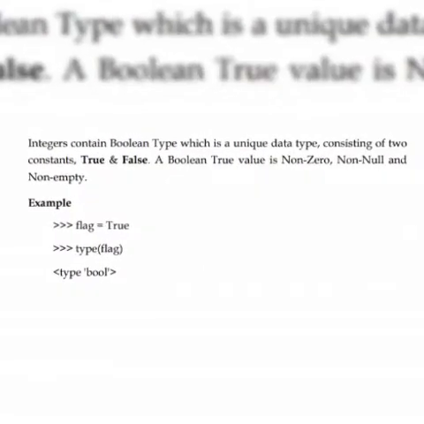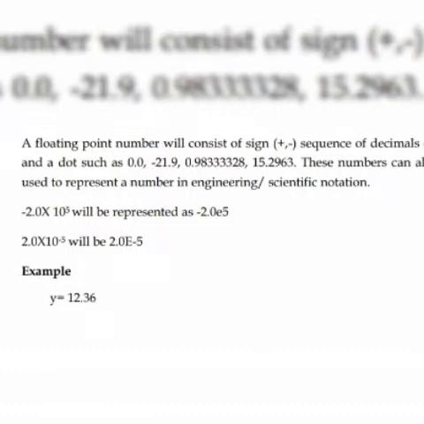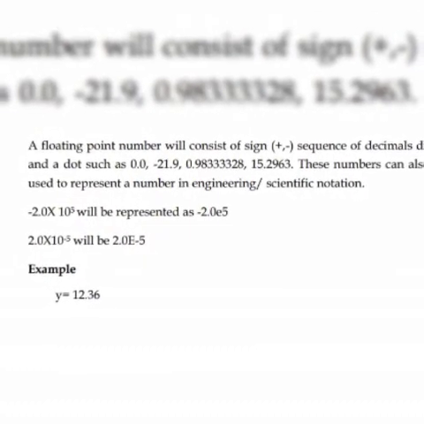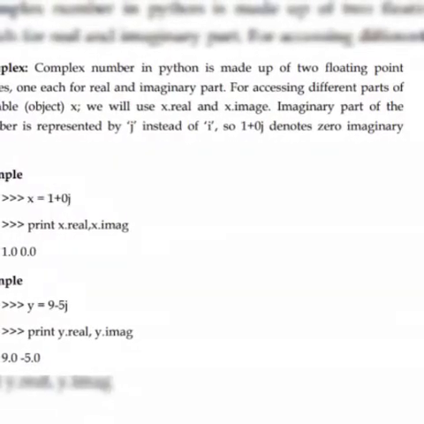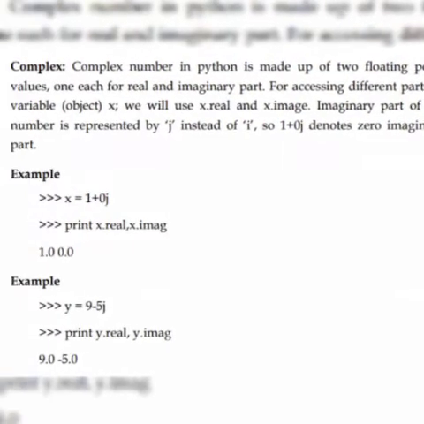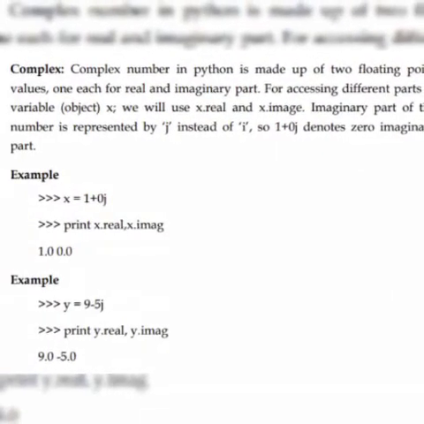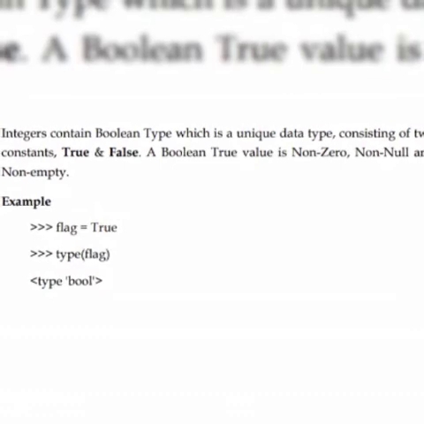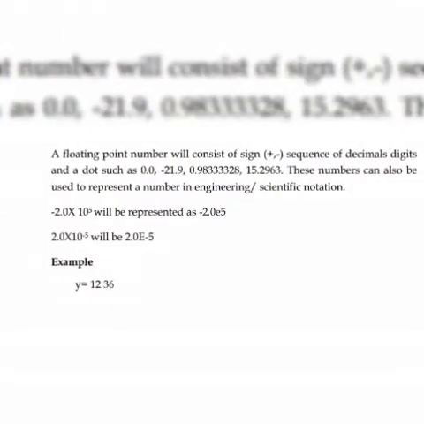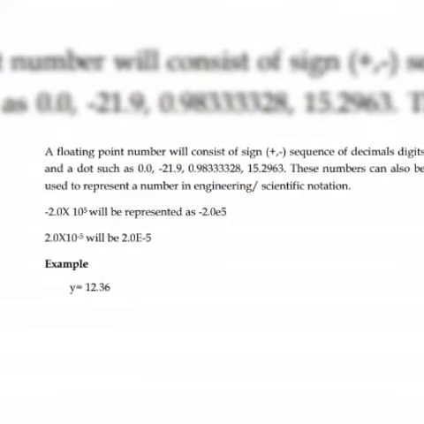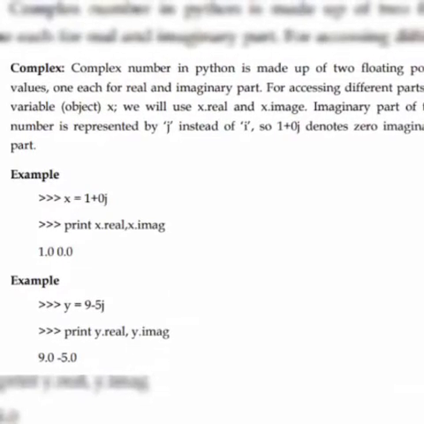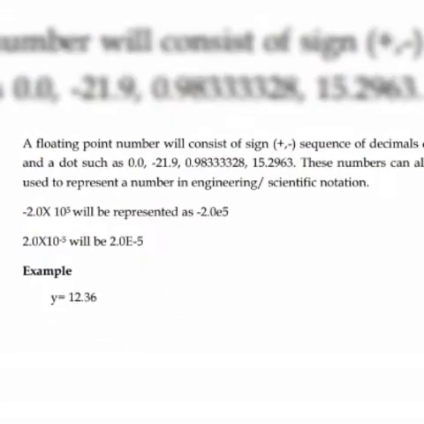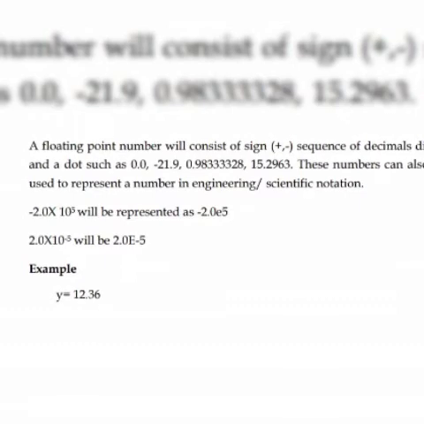Then we have another type, that is the complex data type. This complex data type in Python is made up of two floating point values, one for the real part and a second one for the imaginary part. That means there are two parts, one is the real part, another is the imaginary part. When we access different parts of the variable, we use x dot.